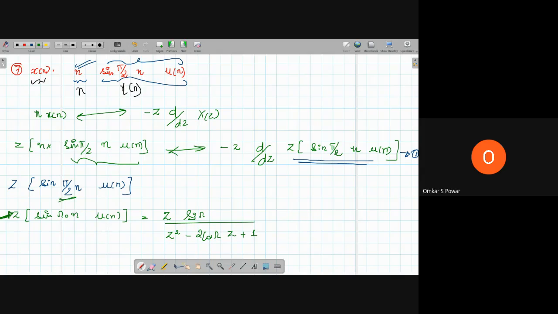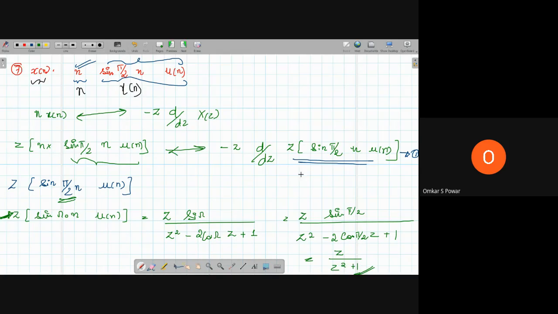Now what is your omega naught? Omega naught is pi by 2. So z into sine pi by 2 divided by z square minus 2 cos pi by 2 into z plus 1. Now you know sine pi by 2 is 1 and cos pi by 2 is 0. So we get z by z square plus 1.